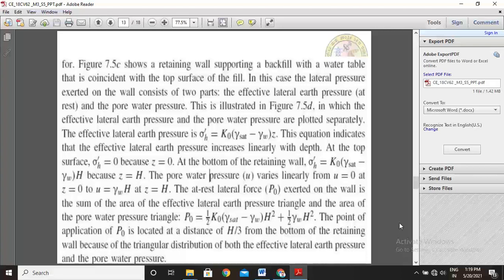The point of application of P naught is located at a distance of H by 3 from the bottom of the retaining wall, because of the triangular distribution of both the effective lateral earth pressure and the pore water pressure. That is the explanation of the second case diagrams.